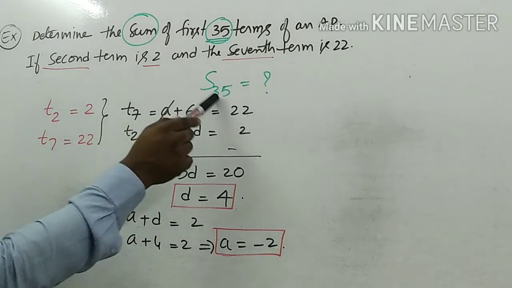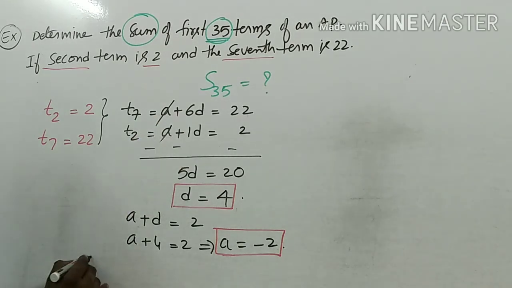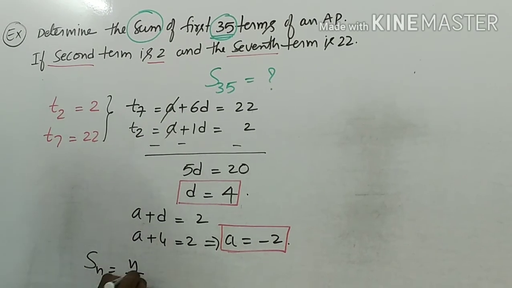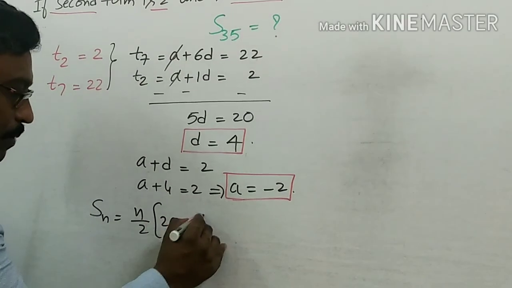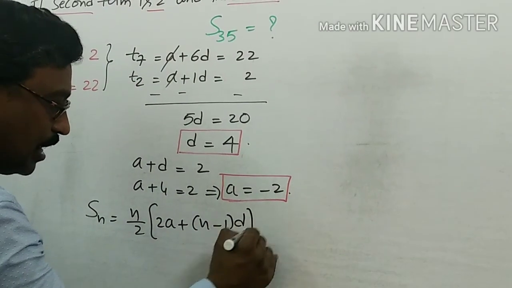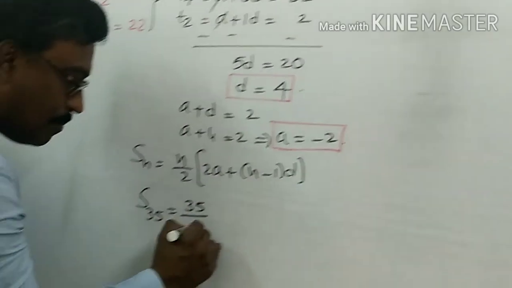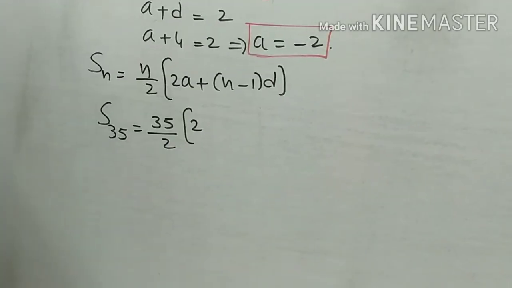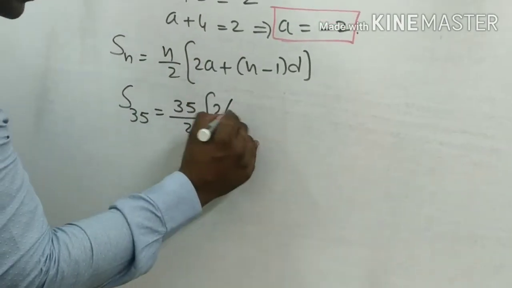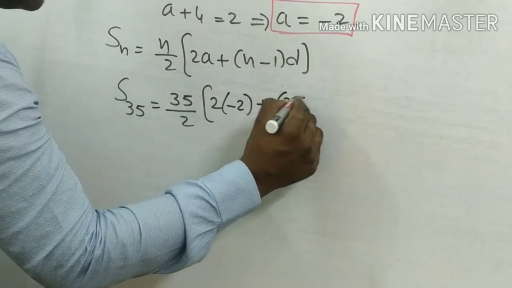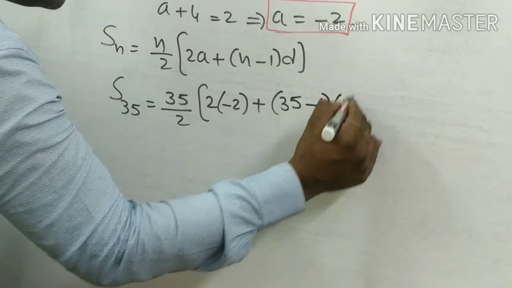Now S35 is how much? Sn is equal to the formula n by 2 into 2a plus n minus 1 into d. Now S35 is equal to 35 by 2, into 2 times a, a is how much? Minus 2, plus 35 minus 1, d is 4.